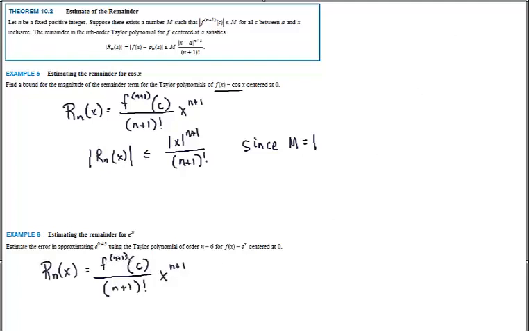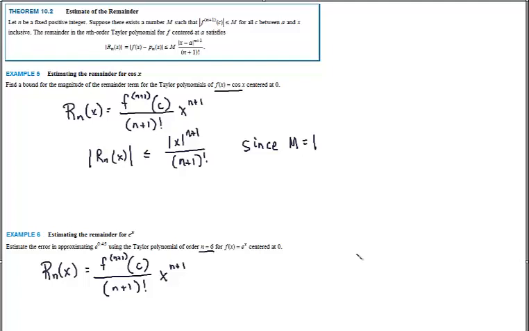Alright, now it doesn't really matter which derivative I pick, it's still going to be e to the x. And so with that, I've got to find some sort of bound, and I know that it doesn't matter which n I pick.